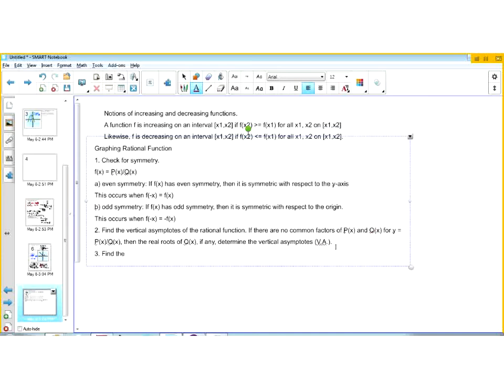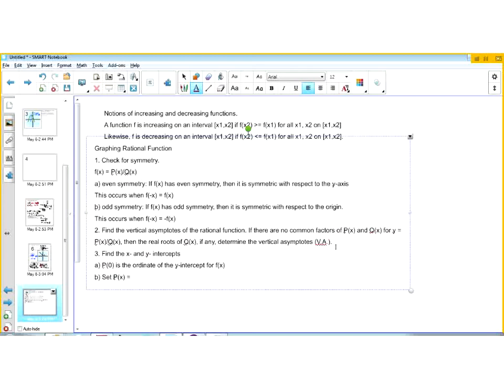So in step 3 of 6, find the x and y intercepts. To do so, P of 0, of course, is the y-coordinate, the ordinate of the y-intercept for f of x. Easy enough, right?